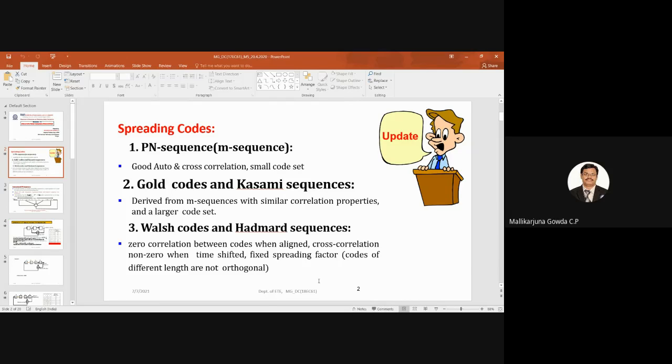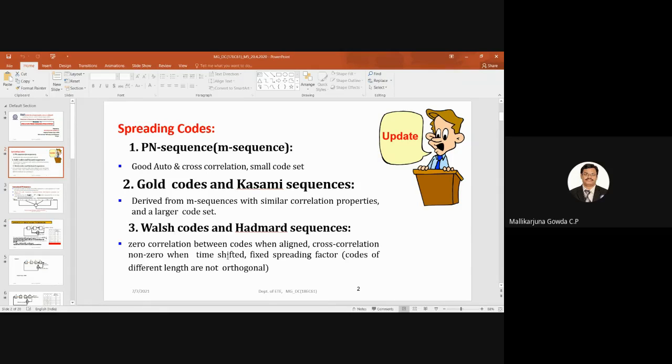Okay, hope you have got some idea. So these are the three different codes. One is what? Pseudonoise sequence, also known as M sequence. These pseudonoise sequences have good autocorrelation as well as cross correlation, but the code set is small. Gold codes and Kasami sequences are derived from these M sequences with similar correlation properties and a large code set.